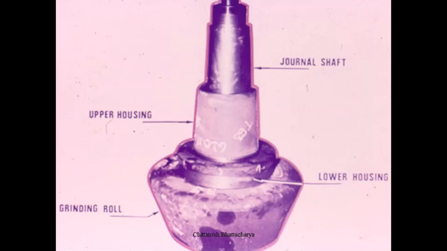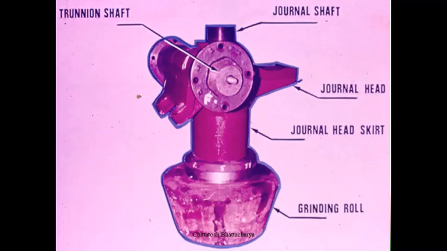There is an arrangement to supply oil to the bearings through a centralized hole, and from this centralized hole oil is introduced into all the bearings for continuous lubrication. And there is a sealing arrangement, there are sealing rings, so that there is no ingress of coal dust into the bearings and the lubricating oil does not get contaminated with coal dust.